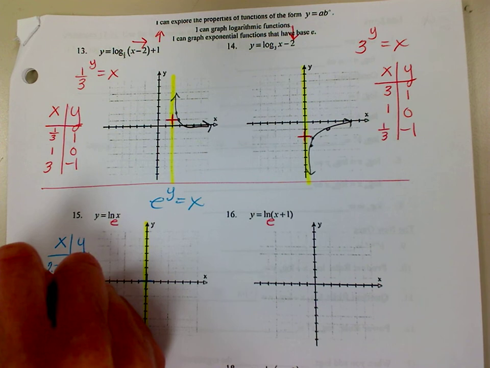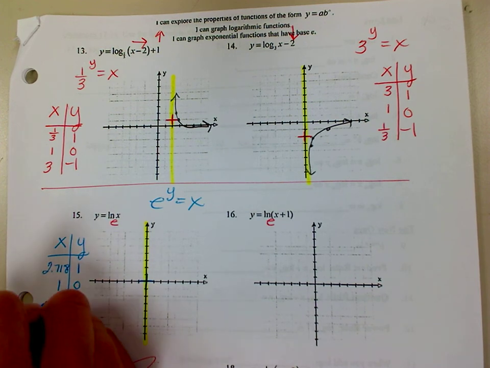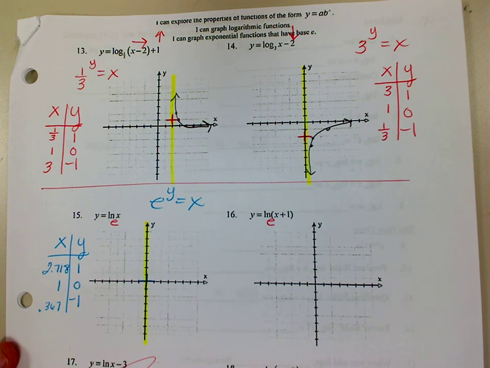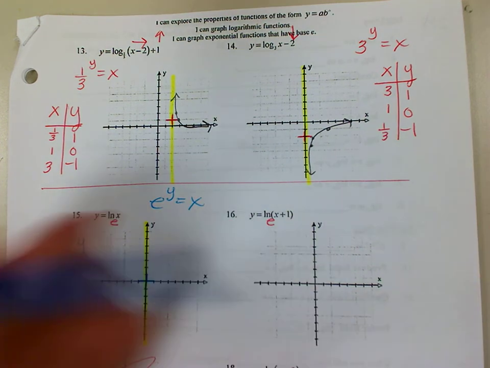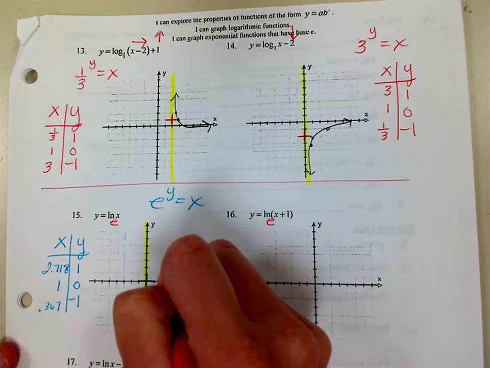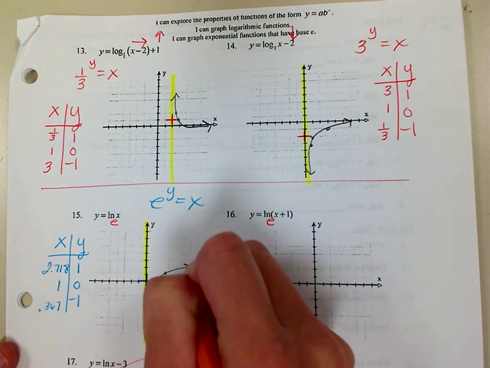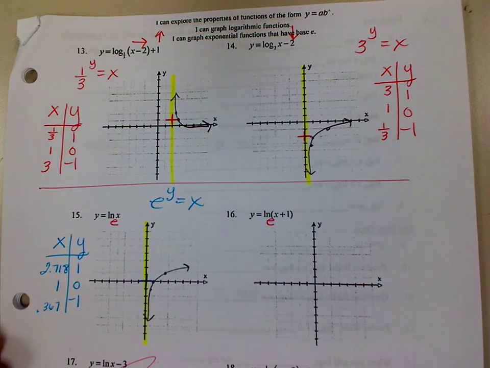Next to 0 is always 1. E to the negative first, we learned that it's 0.367. Okay, so now I'm going to plot those points. And I cannot cross the y-axis. So that's what my graph looks like.